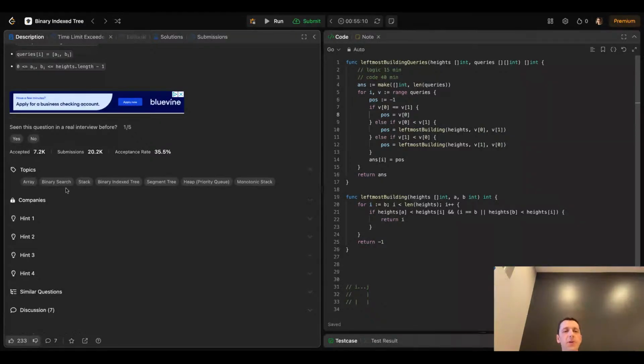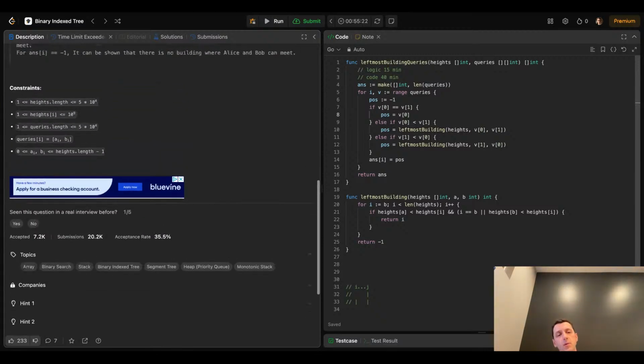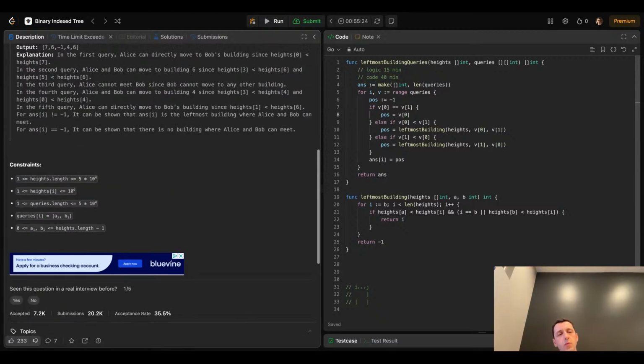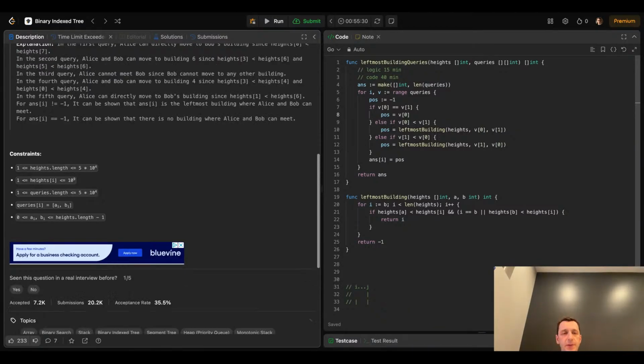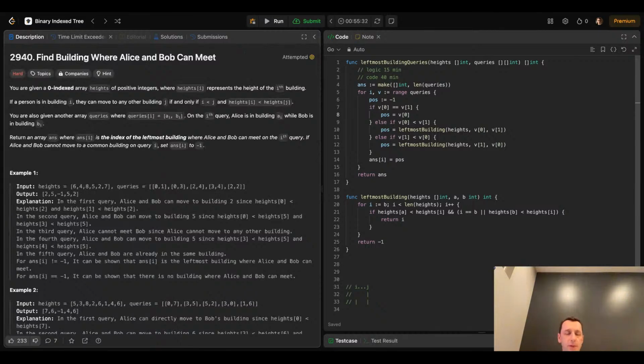Binary search, stack, binary indexed tree, segment tree, heap, priority queue, monotonic stack. Ooh. Why? How would you use a stack? How would you stack up?